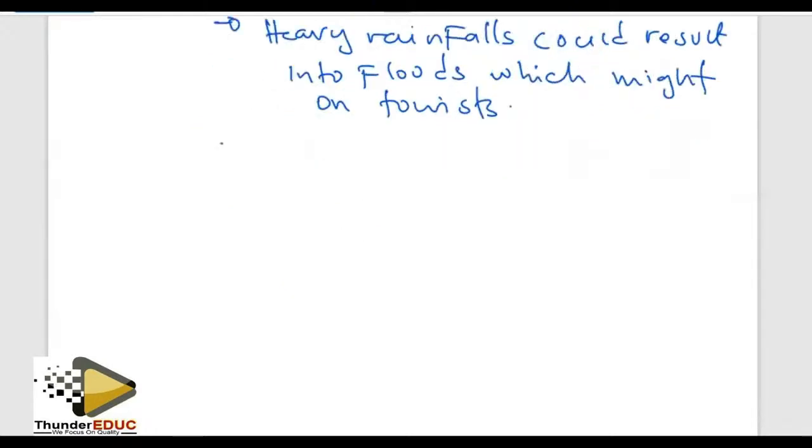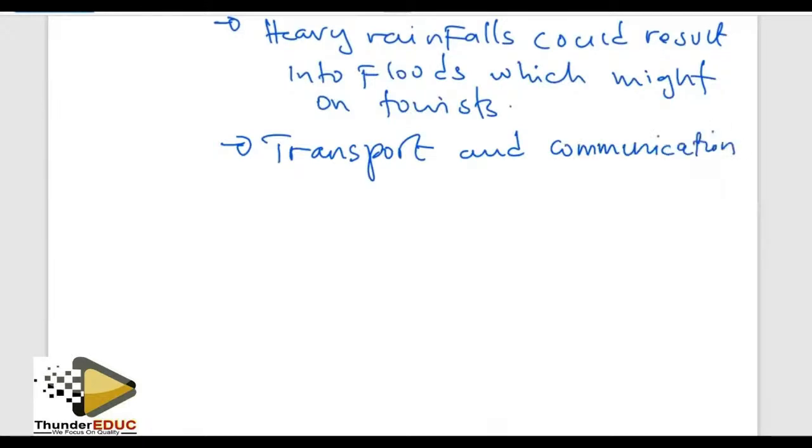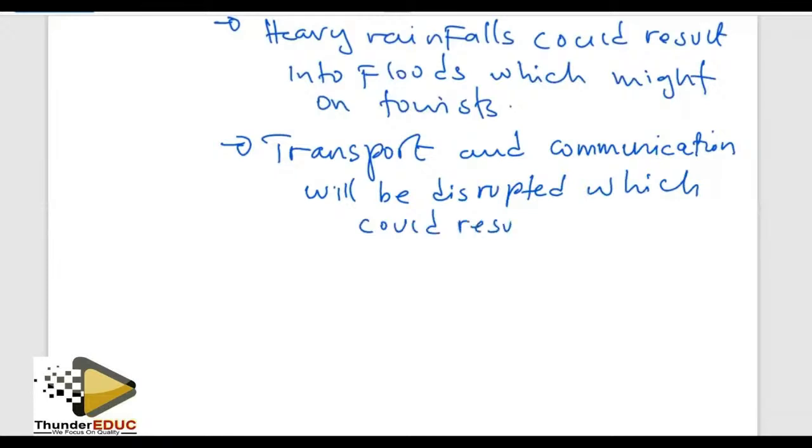I can as well say transport and communication will be disrupted, which could result into tourists getting lost.